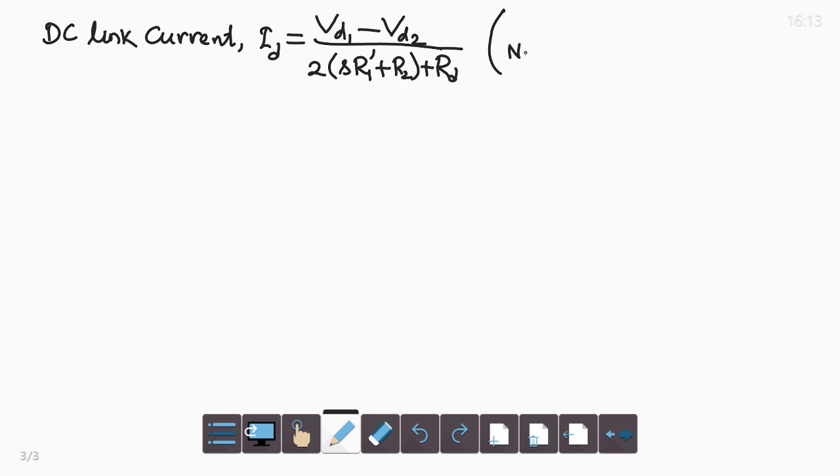Note that VD2 is minus of 3 into root 6 by pi V by m cos alpha.